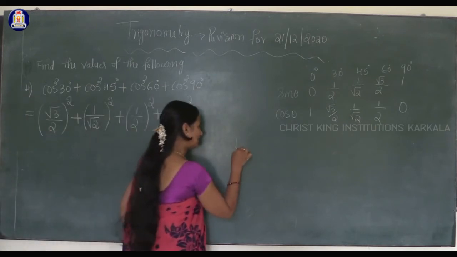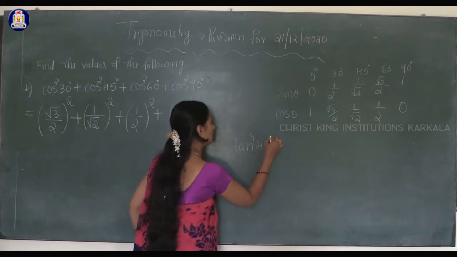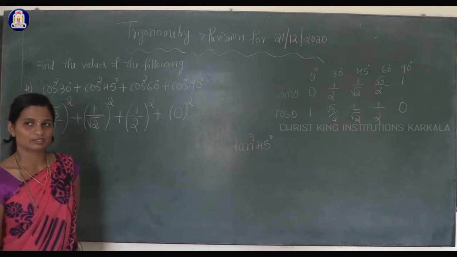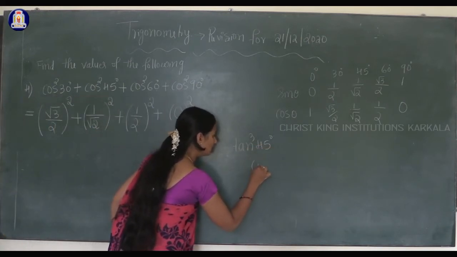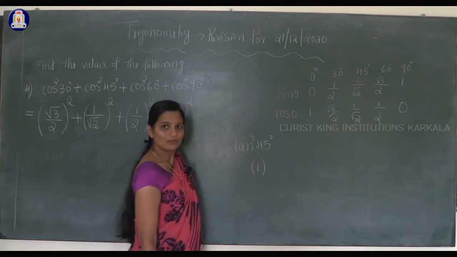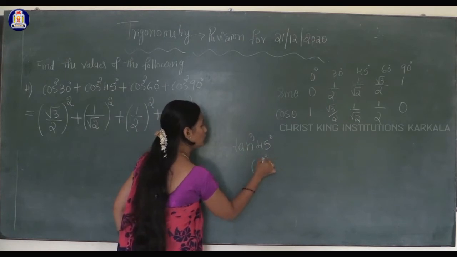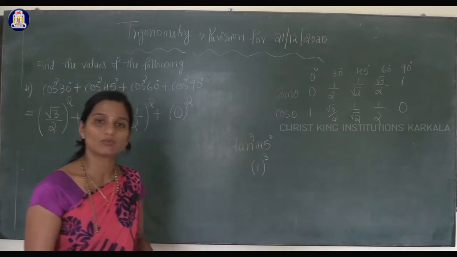Suppose it is tan cube 45 degree. How can we write this? Tan 45 is 1, correct? So tan cube is 1 cube. Clear? Tan cube 45 means it is 1 cube.